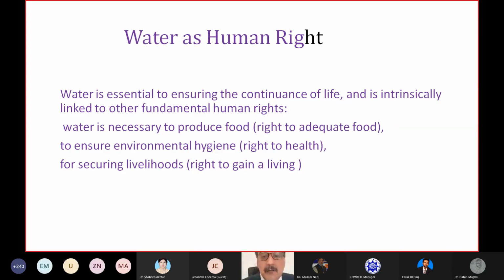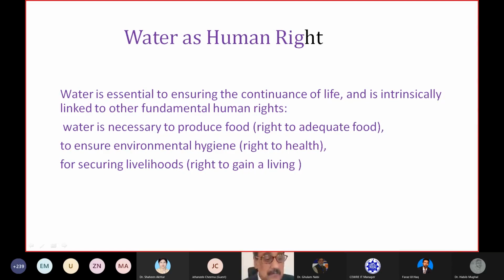Because water is also important as a food input, because most of the food is produced by irrigation water. And for drinking purposes, for hygiene and health, we need water. But one more area is livelihoods, because whether it is livestock, mining, industry or commercial activities, all need water.